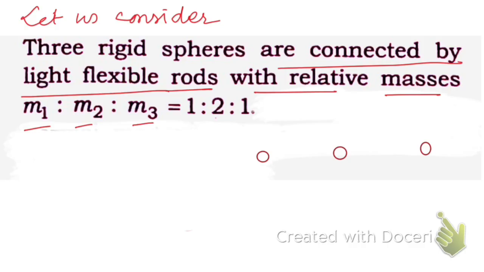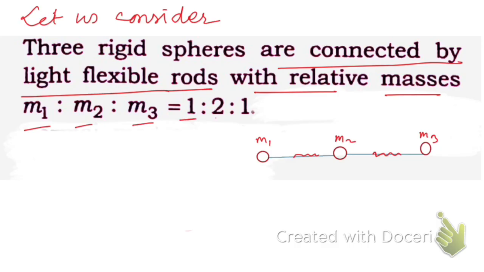As the rods are flexible, we can treat them as springs. Its mass is m1, and its mass is m2, its mass is m3.